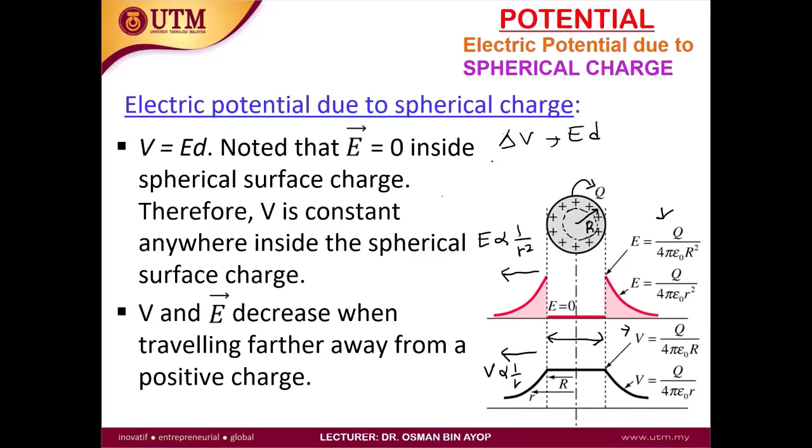So basically V1 minus V2 will result in E equal to 0. So it means that V1 and V2 should have the same value. Okay.